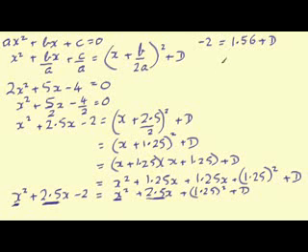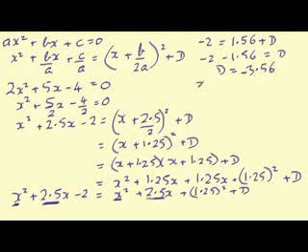Okay, if we add minus 1.56 to each side, we get minus 2 minus 1.56 is equal to d. So d is equal to minus 2 minus 1.56, which gives minus 3.56.